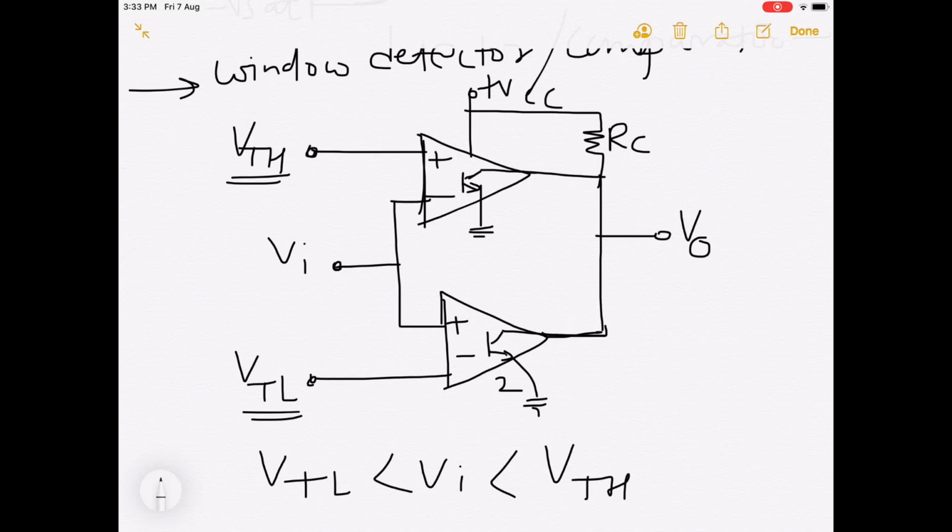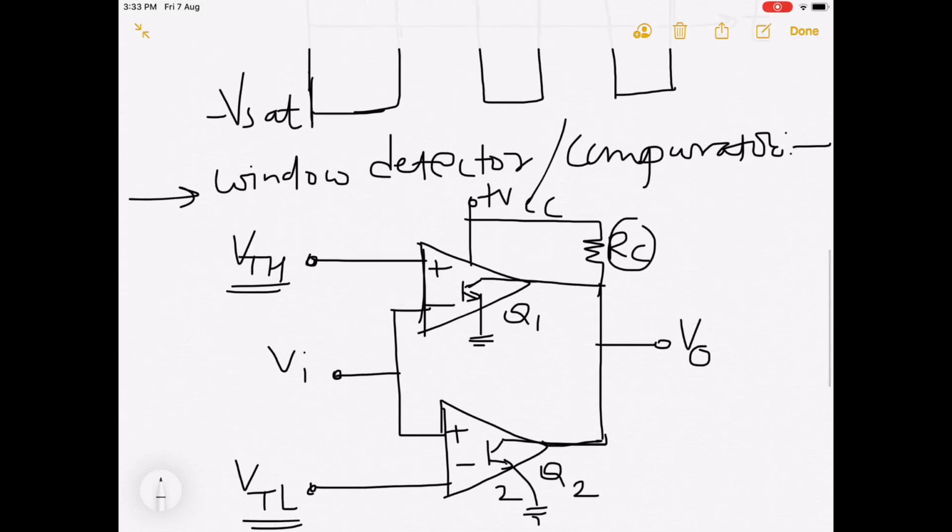Okay. Now, when your Vi is between VTH and VTL, both the transistors Q1 and Q2 are off, and pull up resistor RC pulls the output high, thus producing a high output voltage. Okay.